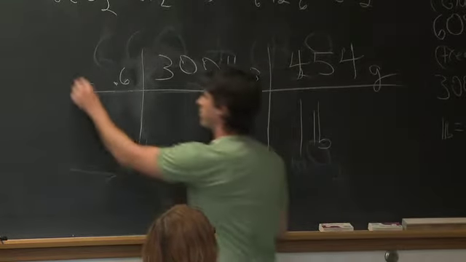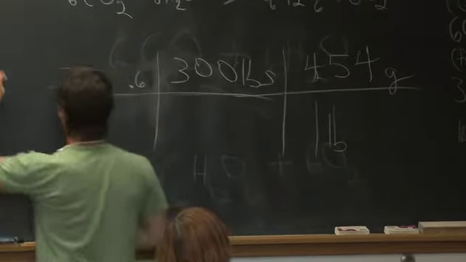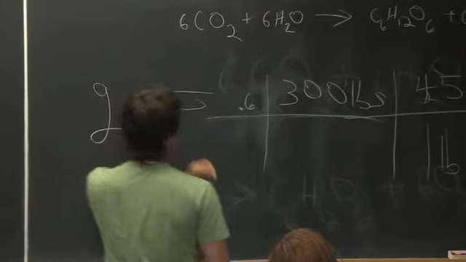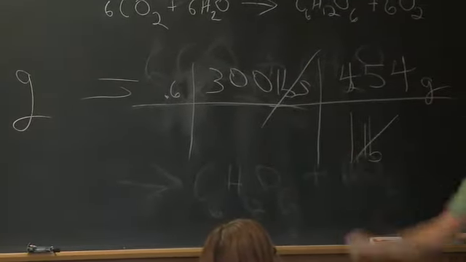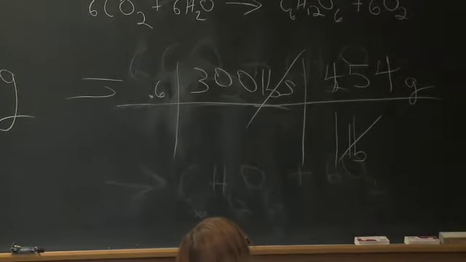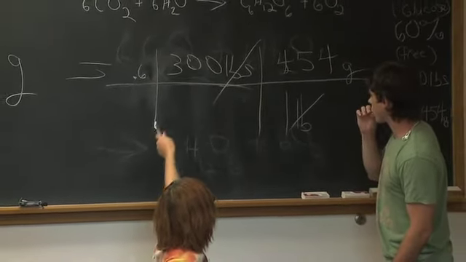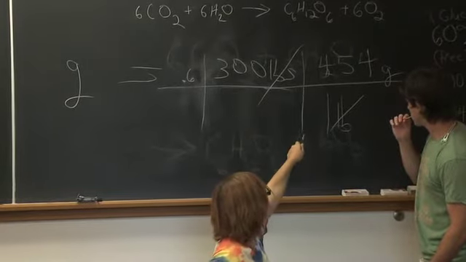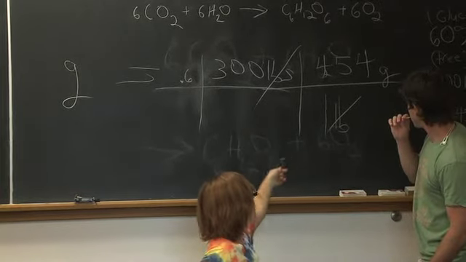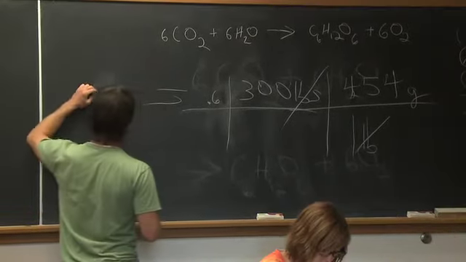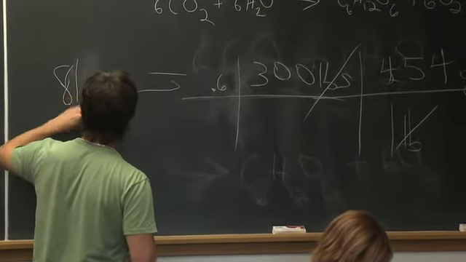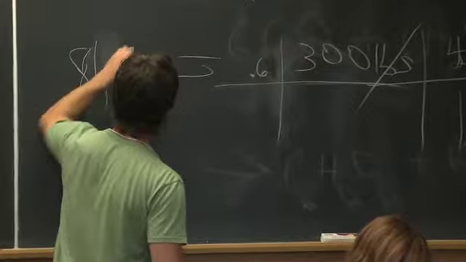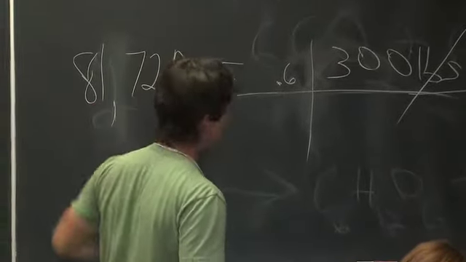Since the unit we're looking for at the end is grams, we have to convert pounds to grams. So 0.6 times 300 times 454, divided by 1, is 81,720.